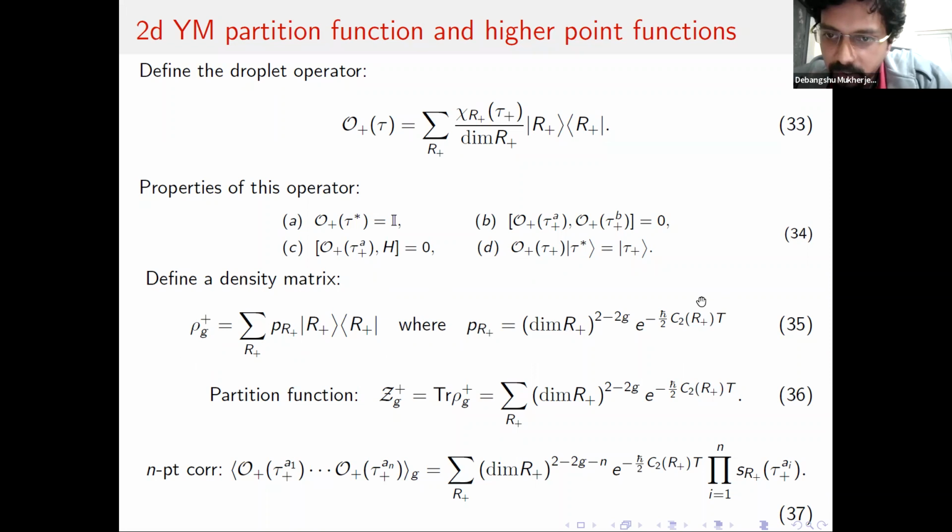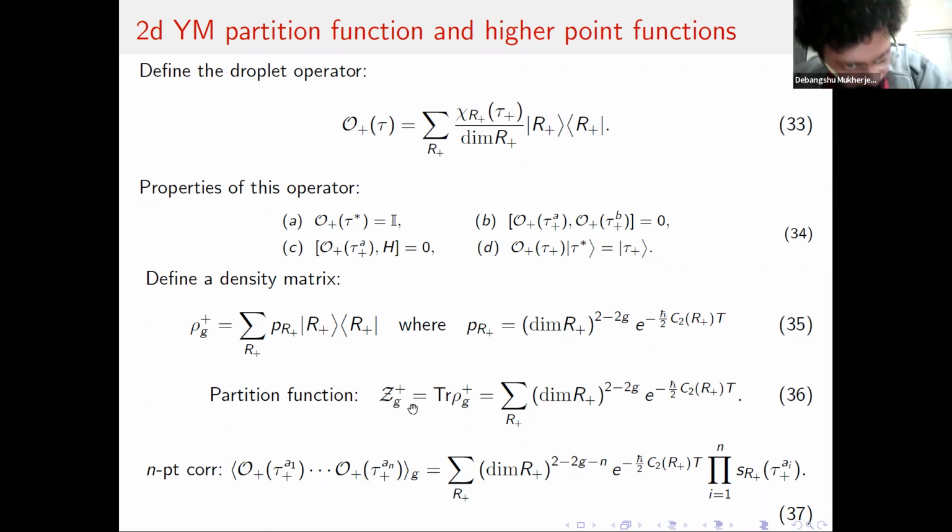Now, this expression that you see in equation 35 for P R plus, you can say is a bit mad, in the sense that I wanted to reproduce my answers for a generic genus G surface, and henceforth, looking back, I reverse engineered and figured out this. So this is one thing that we are currently thinking about, if there is any better explanation for proposing this kind of weight factor when describing the density matrix for a generic ensemble.